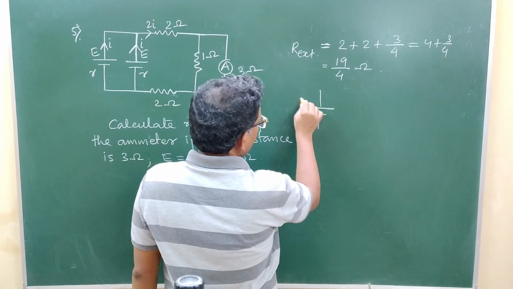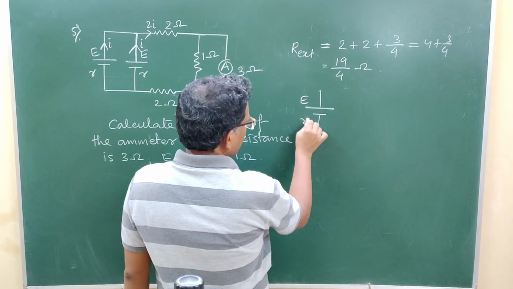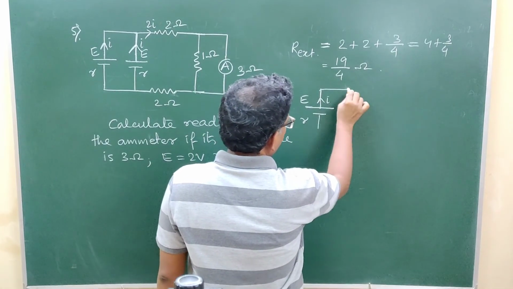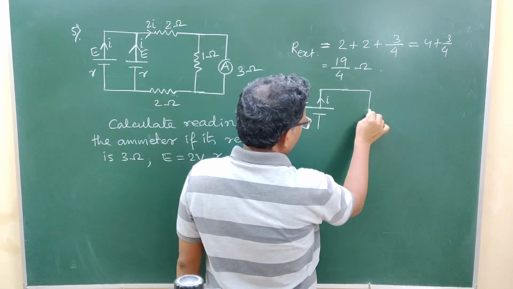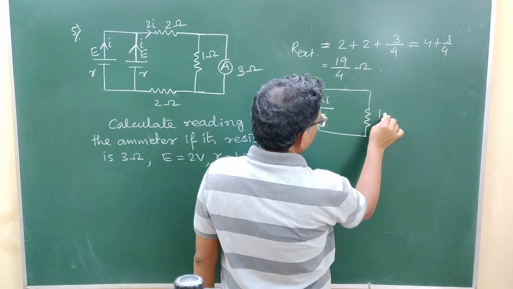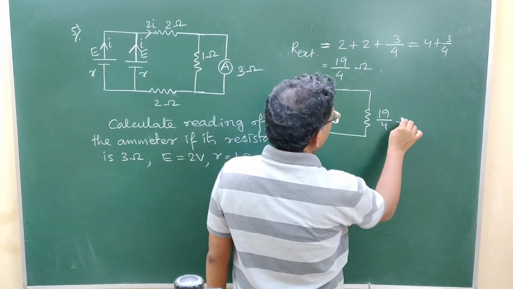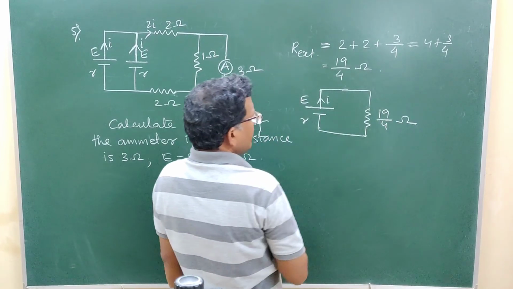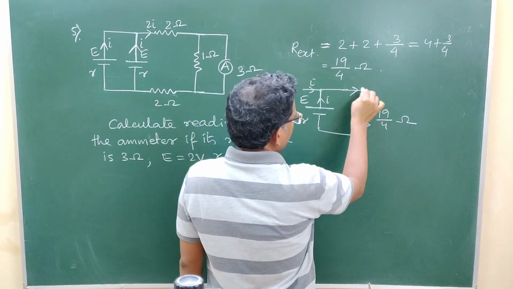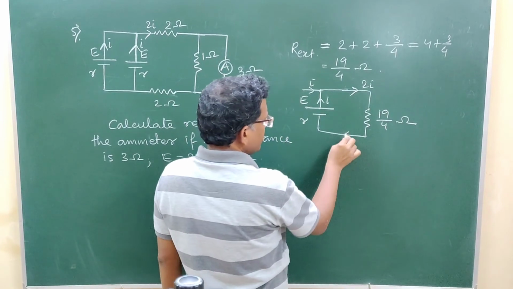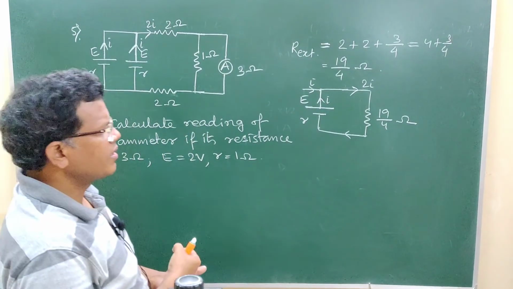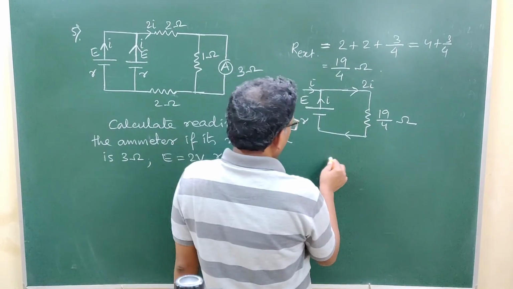In one of the batteries, we are taking current I through the EMF and internal resistance, but taking the entire external resistor as 19 by 4 ohm. The current is I here, and in this main branch it is 2I. So across the external resistance it is 2I, and through the internal resistance it is I.